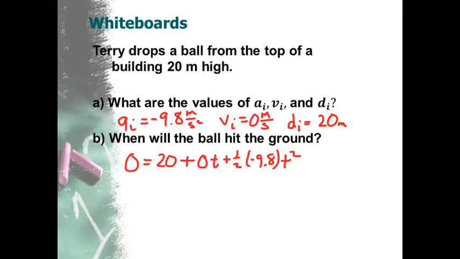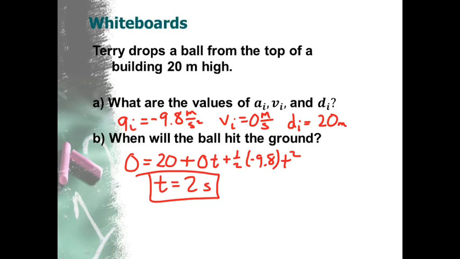And if I remember my practice correctly from earlier today, I know that that happens at a time of 2 seconds. So once you solve this quadratic equation, the solution is going to be t equals 2 seconds.